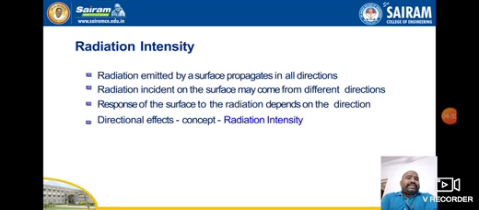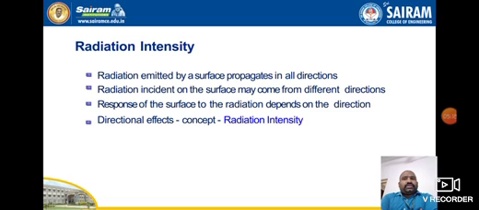Radiation emitted by a surface propagates in all directions, and radiation incident on a surface may come from different directions, and the response of the surface to the radiation depends upon the direction. Okay.